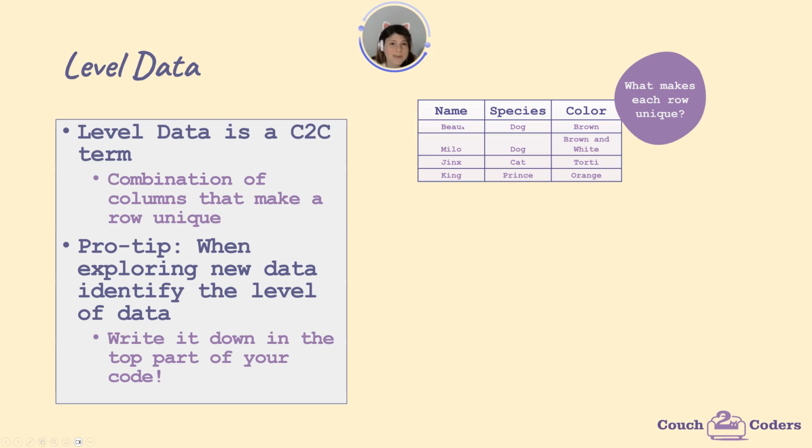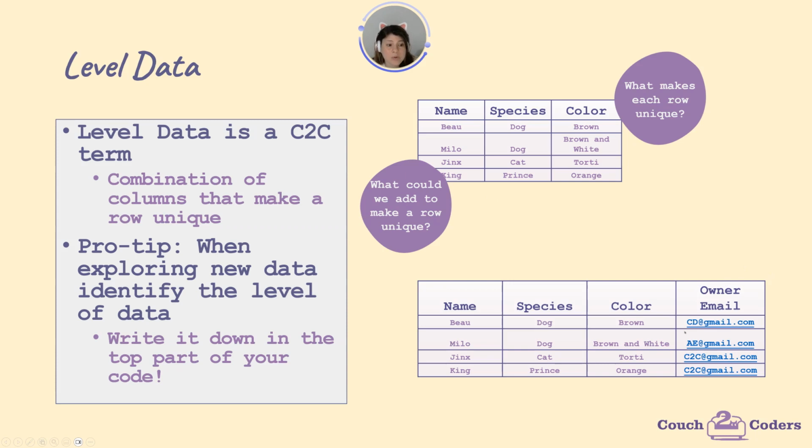And similar with the names, like I said before, you're not really guaranteed to have any unique names. So even if I were to say Bo is a brown dog, the chances of me getting another brown dog named Bo is not as high as getting a brown pet or a brown dog, but it's still fairly likely. So what could I add to this table that would guarantee that I could have a unique row?